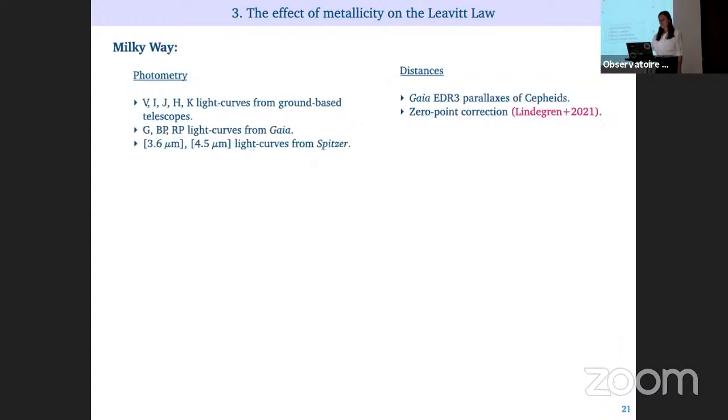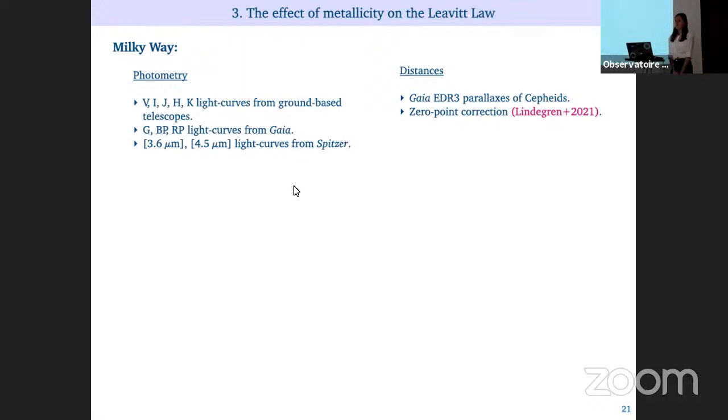So in the first place, I took a sample of Milky Way Cepheids. For the photometry, I adopted well-covered light curves in optical and near-infrared from ground-based telescopes. I complemented this sample with Gaia and Spitzer light curves, which is not present in my second paper, but it was updated in the thesis.